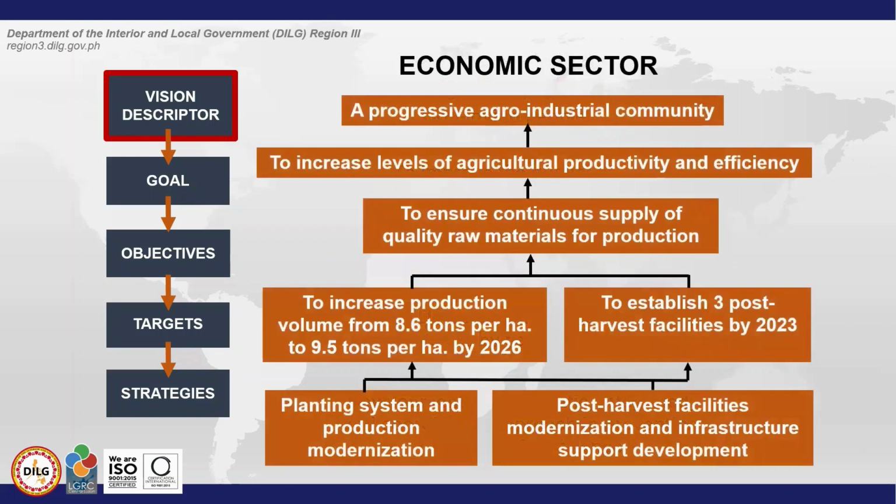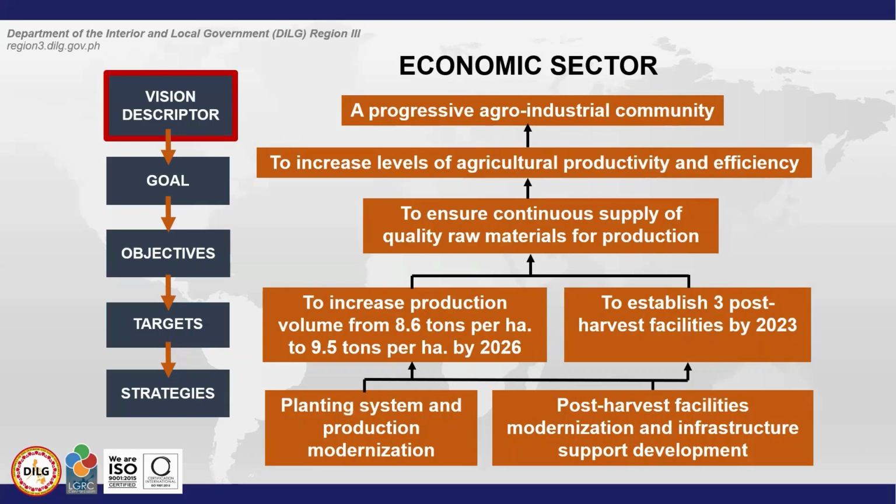The second example is related to the economic sector. The vision descriptor here is a progressive agro-industrial community. The goal is to increase levels of agricultural productivity and efficiency. The objective is to ensure continuous supply of quality raw materials for production.